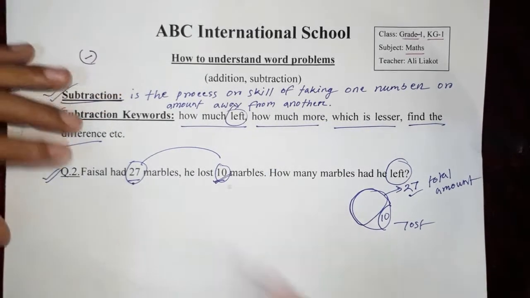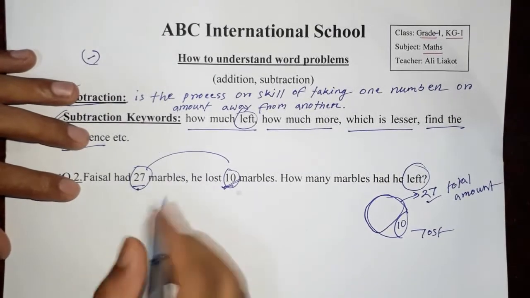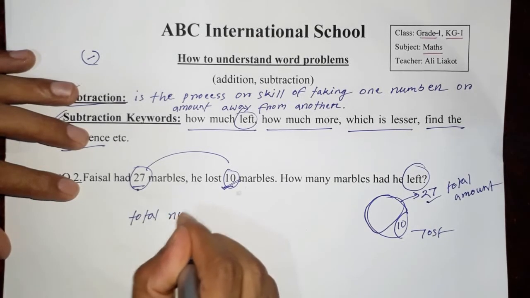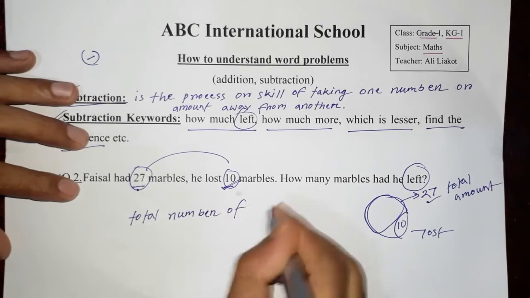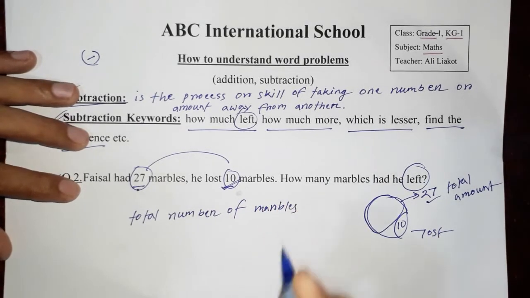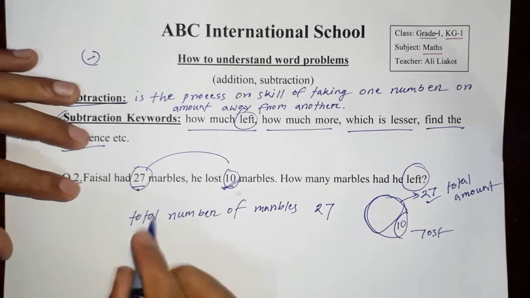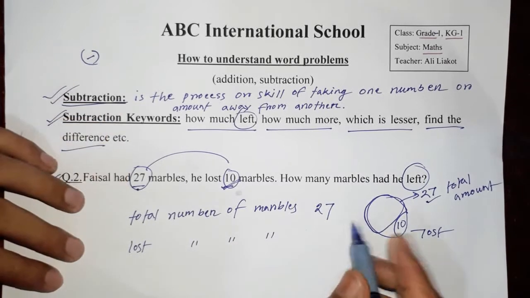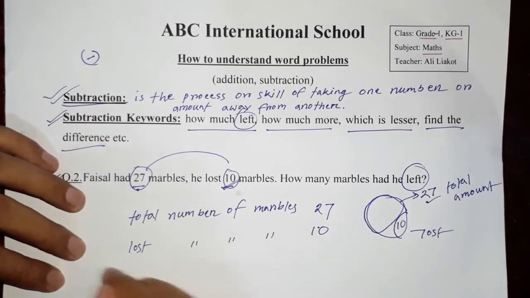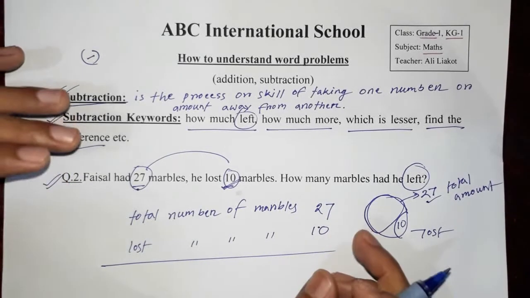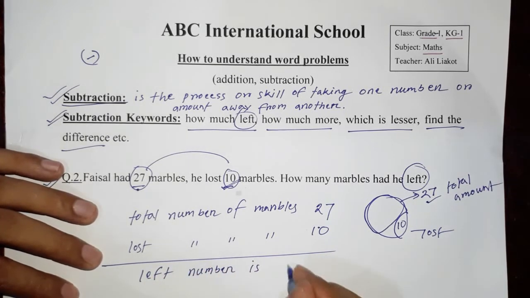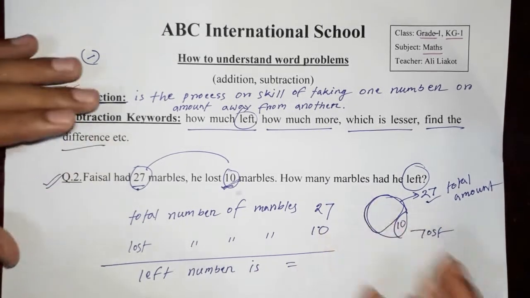So we can write it like this: total number of marbles 27 and lost number of marbles, what? 10. Yes. So what's the question? The left number is what? So we can write here, left number is, we'll find out right now.